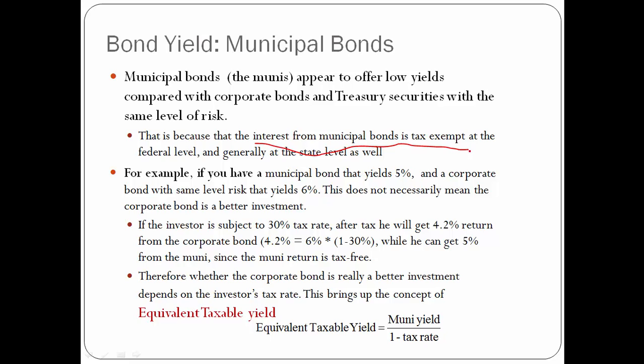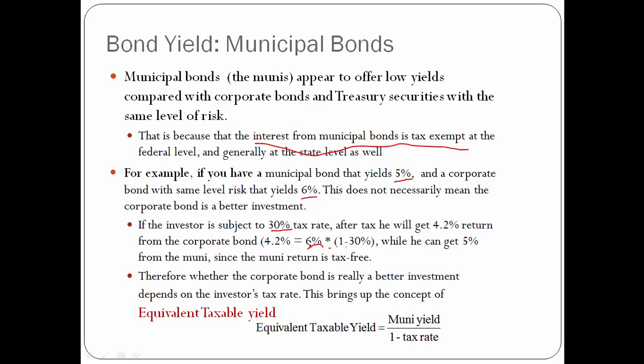Okay, so for example, if you look at a municipal bond that returns 5% per year, and a corporate bond with the same level of risk that would return 6%. You cannot simply say, hey, 6% is higher than 5%, then the corporate bond is better or say is more profitable. It actually depends on what kind of tax you are paying. So if you are subject to a 30% tax rate, after tax you get 4.2% return from the corporate bond, and 4.2 is the 6% before tax rate multiplied by 1 minus t.